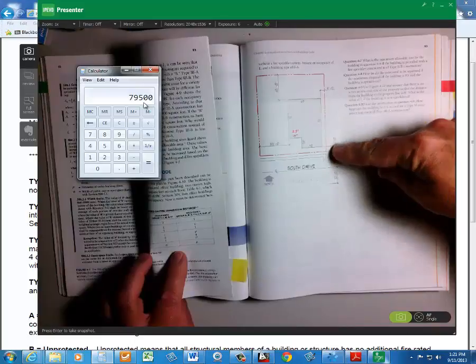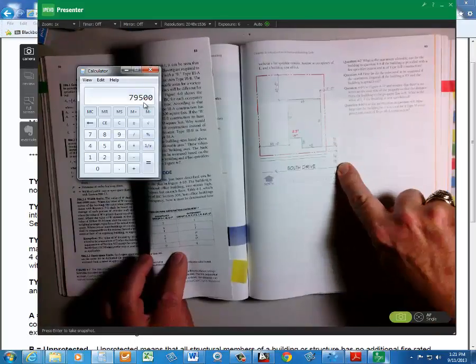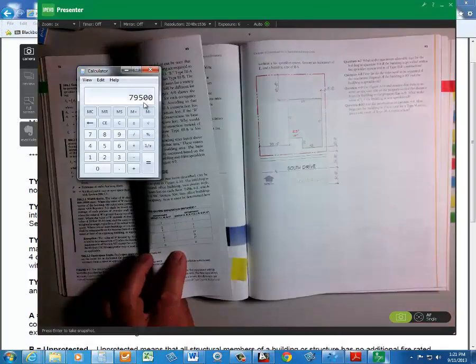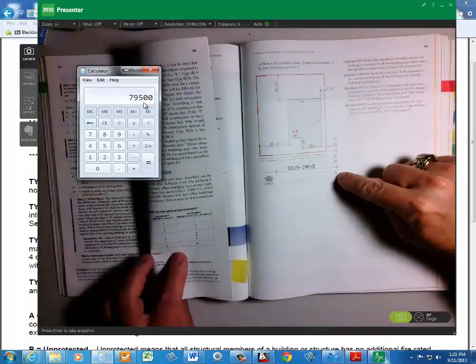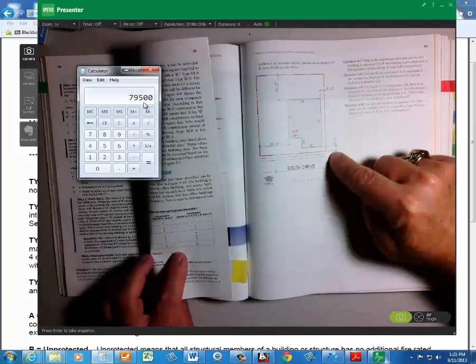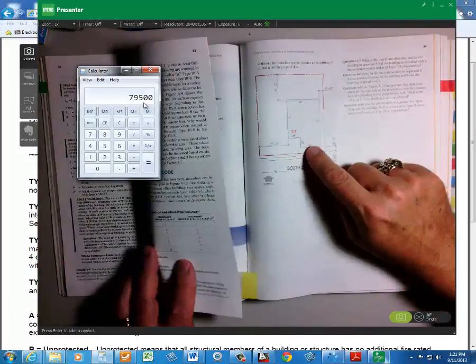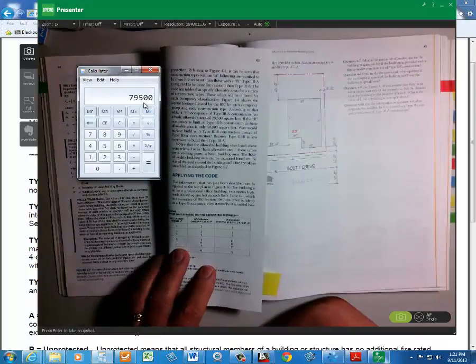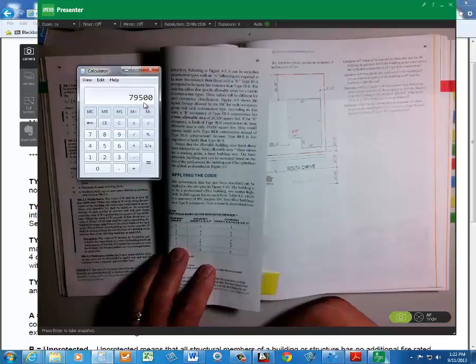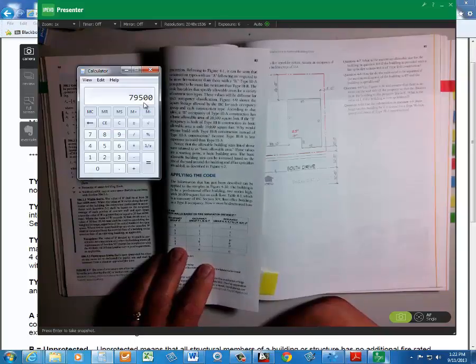You got 10, and then 32 feet to the center of the road, and then another 32 feet to the next building, possibly. So we got plenty of frontage in a public way, or have open space having a minimum width of 20 feet.